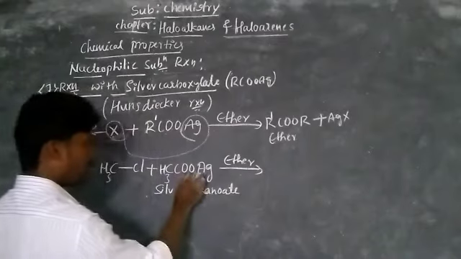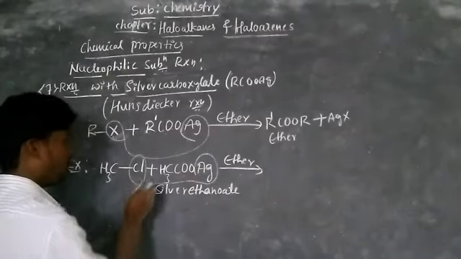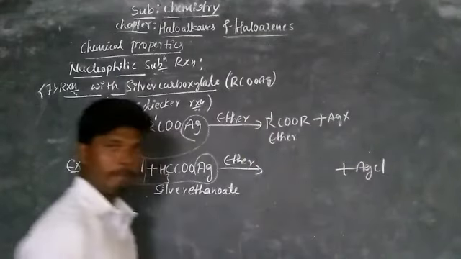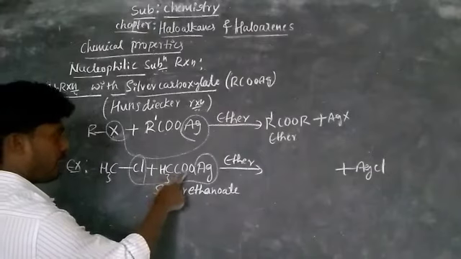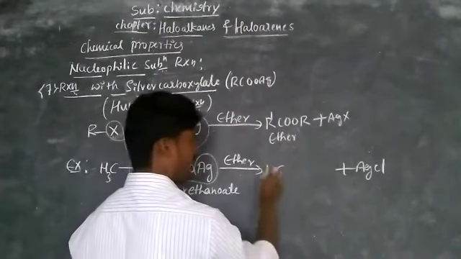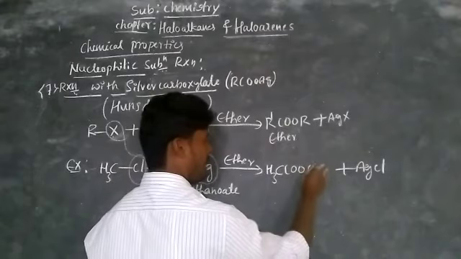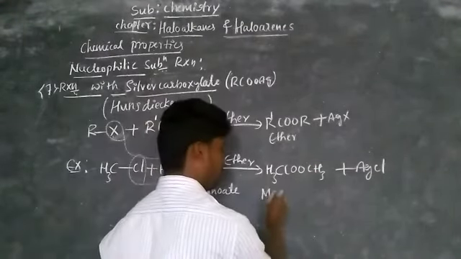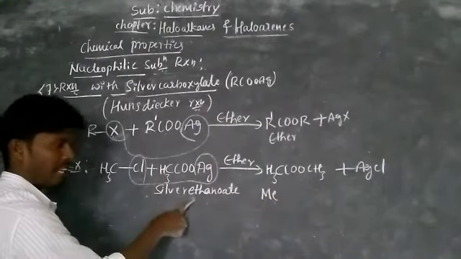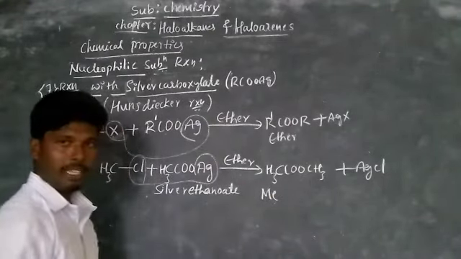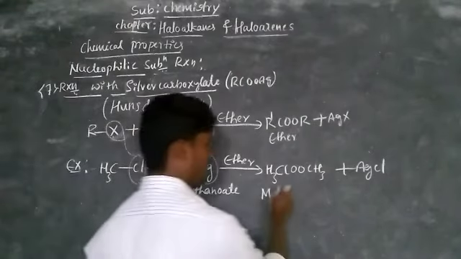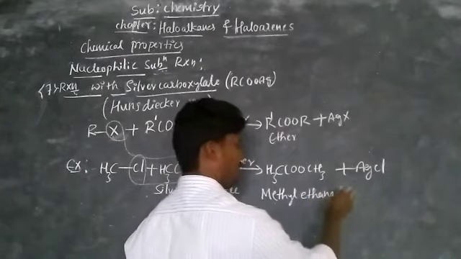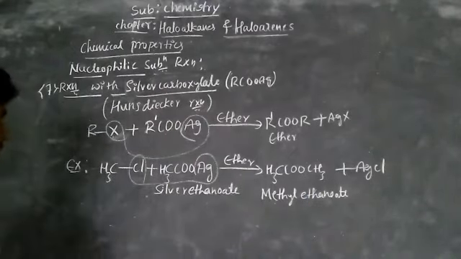So what you get is silver and this chlorine becoming silver chloride, AgCl, and the remaining thing is CH3COOCH3. Its name is methyl ethanoate. Here there is silver, so we call it silver ethanoate; in place of silver there is methyl, so methyl ethanoate.